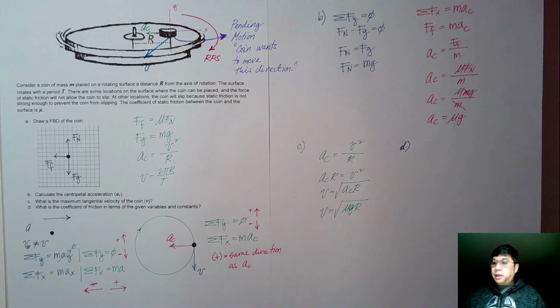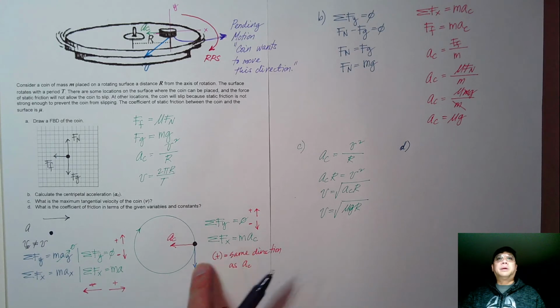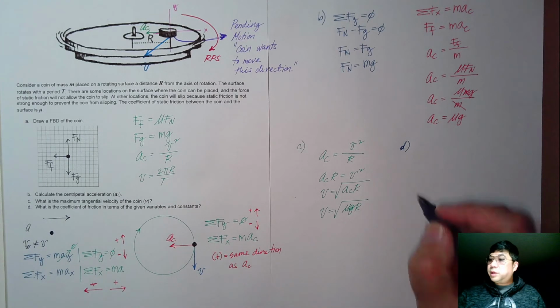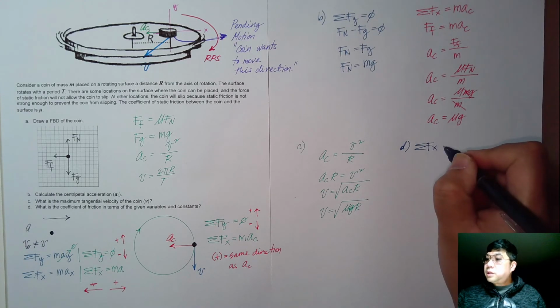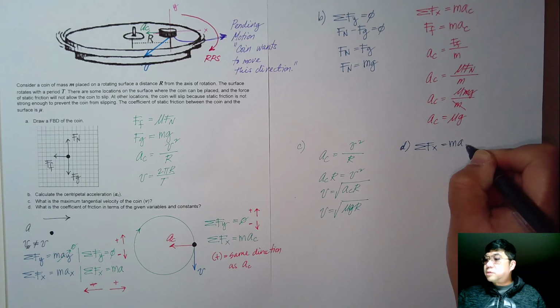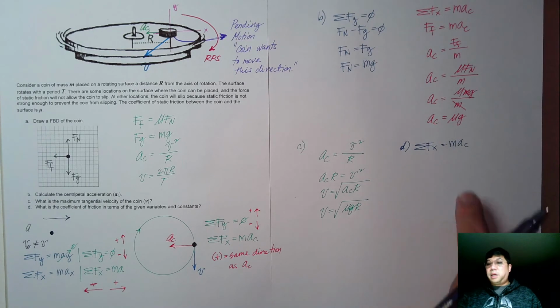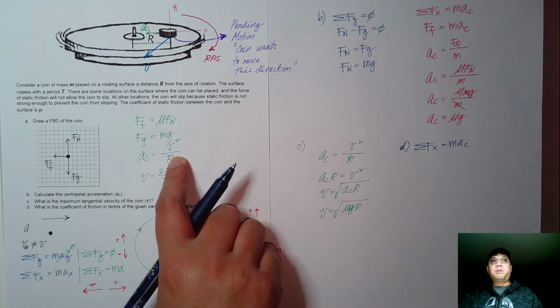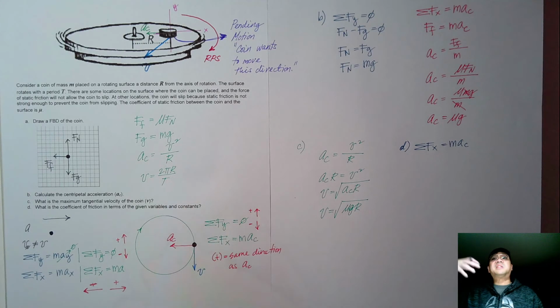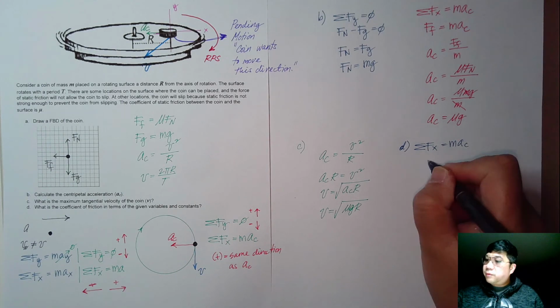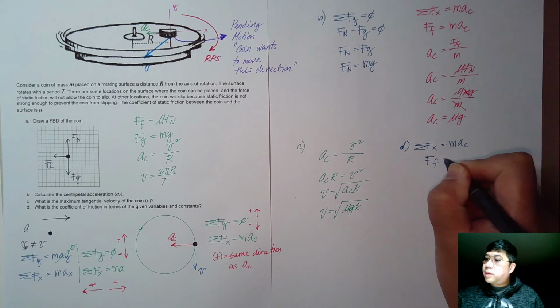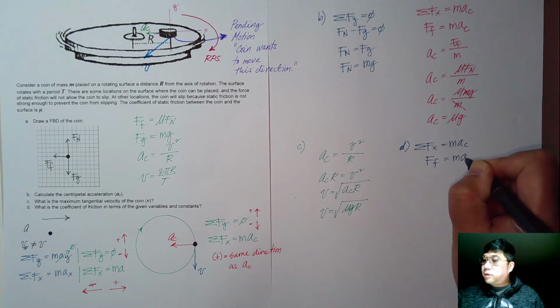And that is to take this equation right here, which means the summation of forces along the x-axis is equivalent to mass times the centripetal acceleration. At this point, we can use this equivalent centripetal acceleration because it's actually moving at a certain velocity. Now we can say that this one is your force of friction, equivalent to mass times the centripetal acceleration.